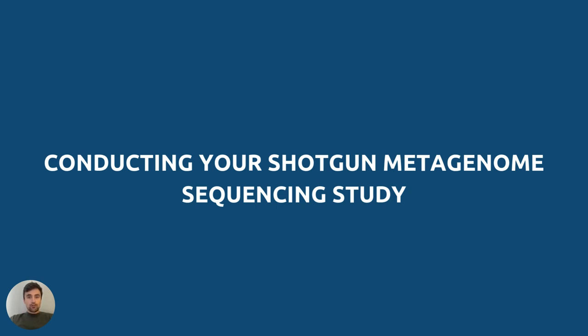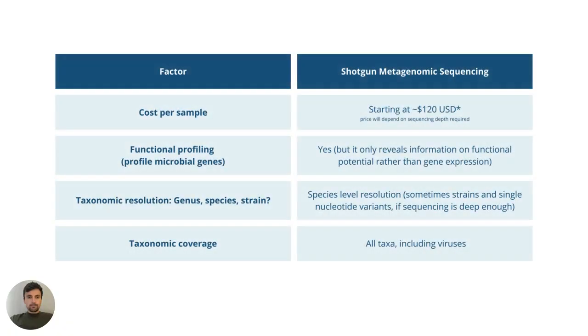However, there are a number of factors to consider when planning your metagenomic study. Proper cost planning, functional profiling, and minimizing contamination will directly impact the success of your results. The requirement for functional profiling or deep taxonomic profiling will also determine whether you conduct shotgun metagenomic sequencing or simpler, cheaper amplicon sequencing.